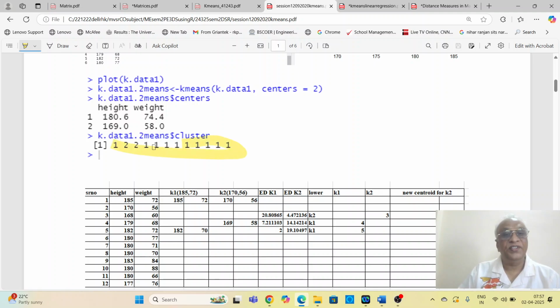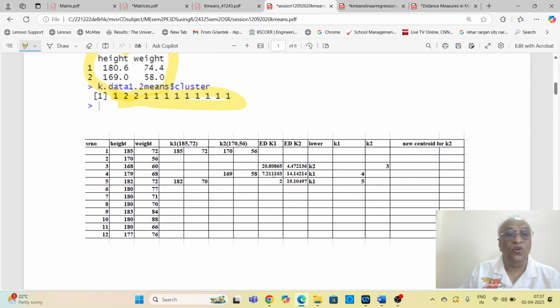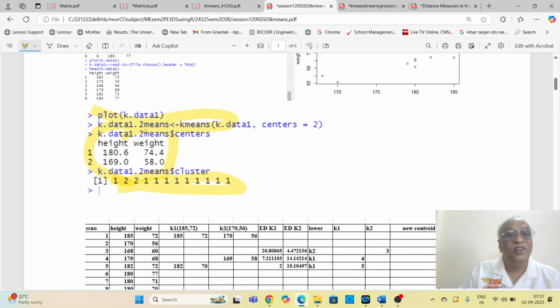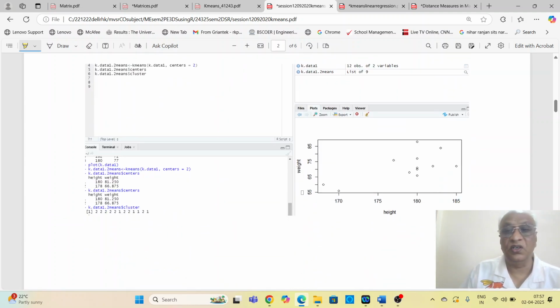So it is a very simple example of K-means implementation using R programming. This is the code for R, and the file which I had taken is k.data1, with heights and weights, and this is the same file.